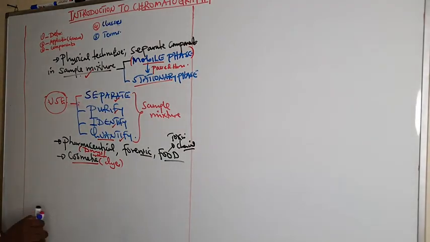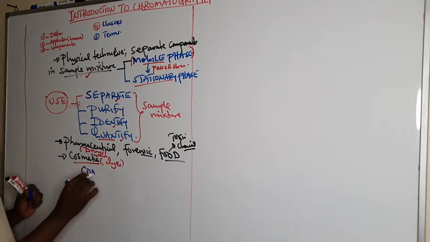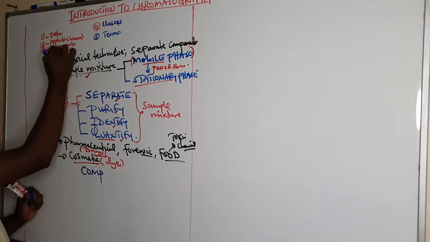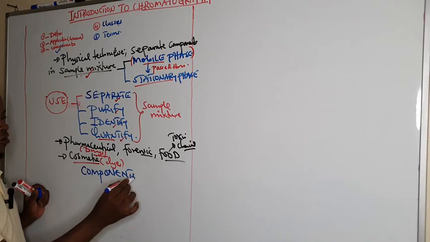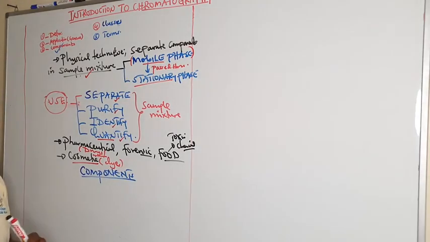And what are the components? That is our objective number 3. Components. And here we are looking at the general components of chromatography.